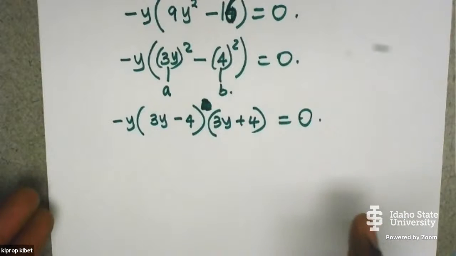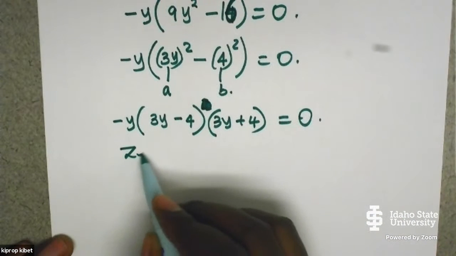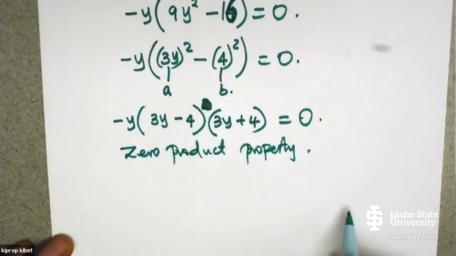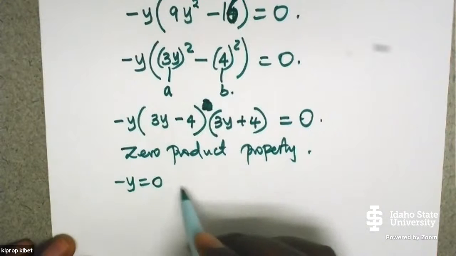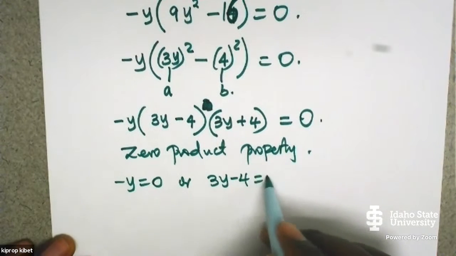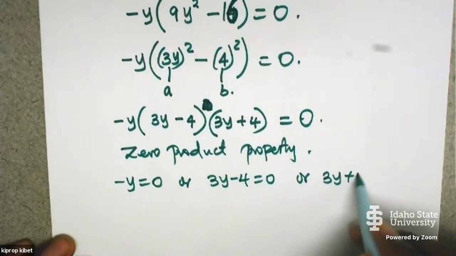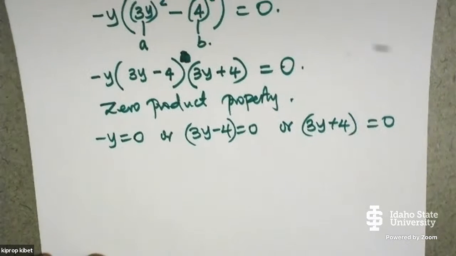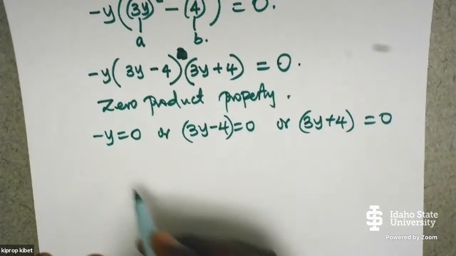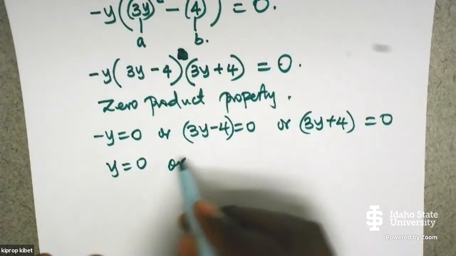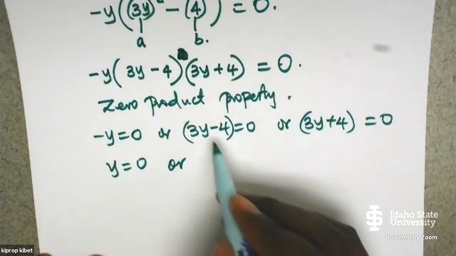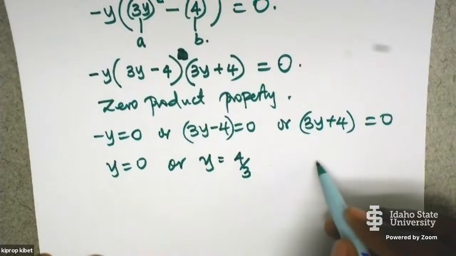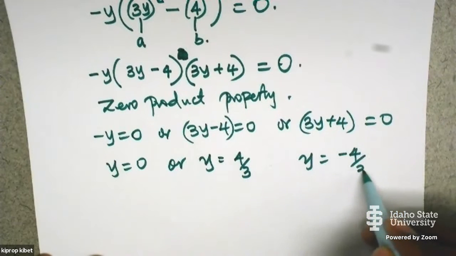Now, in that case, we use the zero product property, where minus y equals 0, or 3y minus 4 equals 0, or 3y plus 4 equals 0. So our y will be 0, since dividing by negative still gives 0, or taking the values to the other side, y equals 4 over 3, or y equals negative 4 over 3.